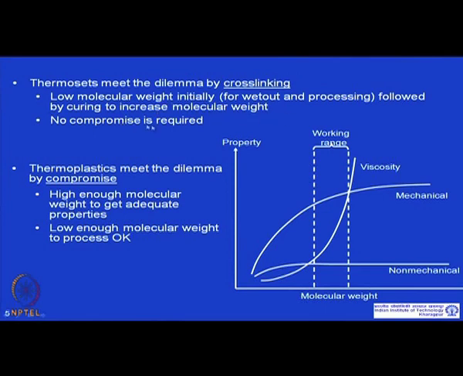So, you do not have to compromise anything, whereas in thermoplastics you have to choose a molecular weight somewhere in between, so that your mechanical properties are just above a critical value of your requirement, and your processability is also manageable. So, high enough molecular weight to get adequate properties and low enough so that it can be processed. You have to compromise between these two.